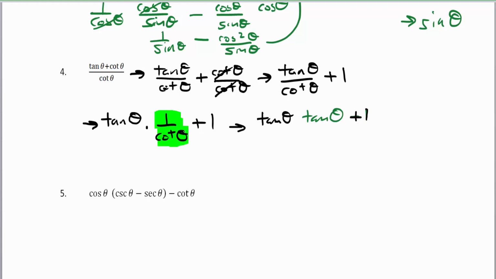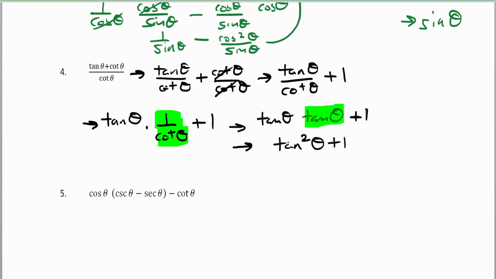You see this is this. The first tangent theta stayed the same, the plus 1s are staying the same, and the 1 over cotangent theta is the same thing as tangent theta. Well, this means if I got tangent theta plus 1, now I have tangent theta squared, which is the same thing as tangent squared theta plus 1.